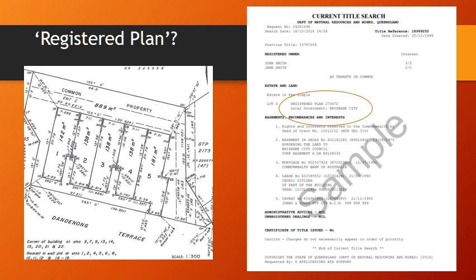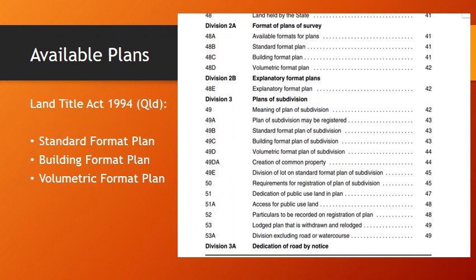So that registered plan is referring to this diagrammatic representation, and that lot is referring to her lot on that plan. Obviously, in this case, we had tenants in common, but remember from the previous podcast, co-ownership could also be joint tenants, and if it was, there'd be no separate interests there, because they're held jointly. Right, so that's how it would come up on an individual title search.